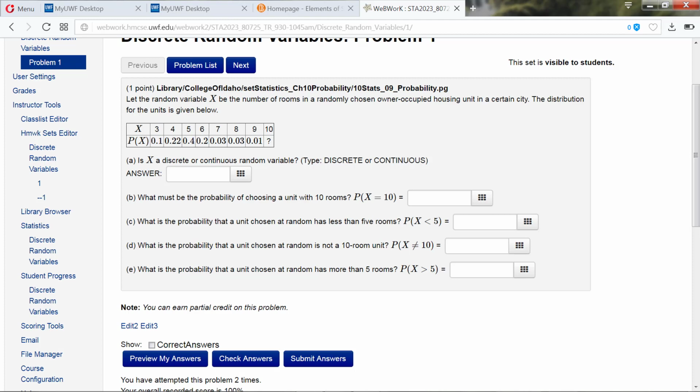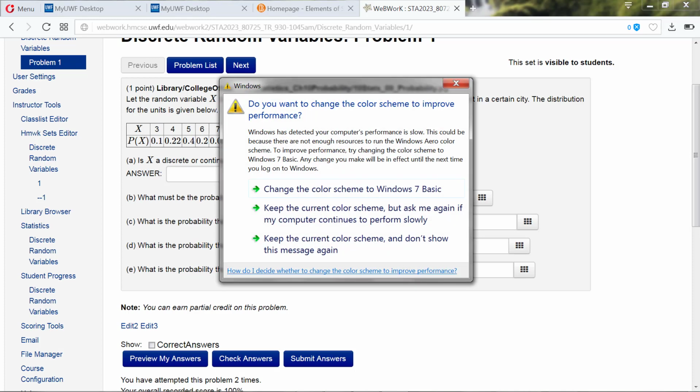Remember, continuous means that we can measure to infinite precision, okay? So if I ask how long something is, you could say 3 feet. But if I have a tie and I want to know which item is longer, and I measure both of them to the closest foot, and they're both 3 feet, then I need to measure to the inch. And if they're both precisely 3 feet 1 inch, then I need to do a more precise measurement.